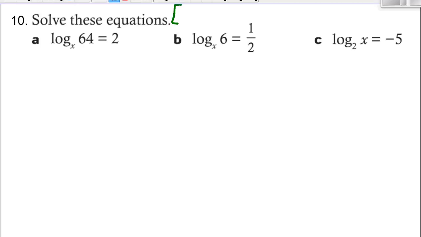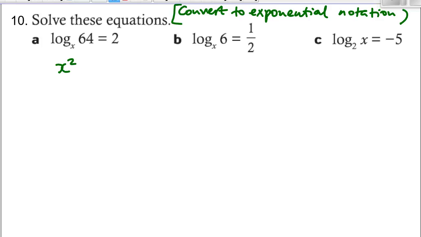So convert to exponential notation. If we convert this to exponential notation, we should be able to solve them. So for part A, what we'll end up with here is x to the power 2 is equals to 64.